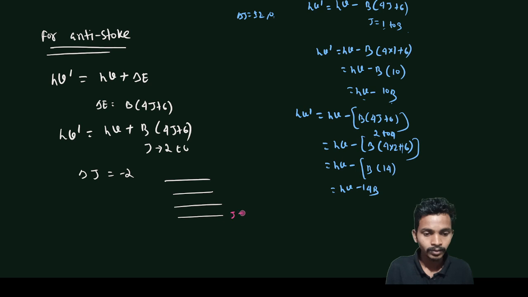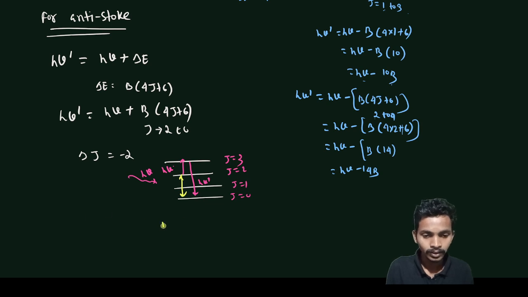Let's say this is j equal to 0, j equal to 1, j equal to 2, and j equal to 3. The transition gives electromagnetic radiation. Let's say it is from 2 to 3. So this is the h nu and this is the h nu dash. This is the energy gap.